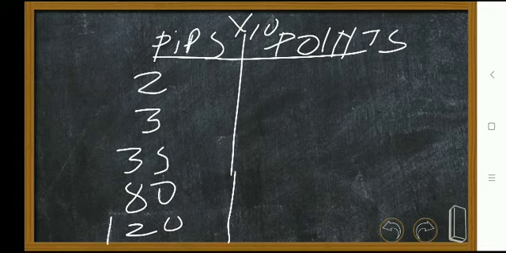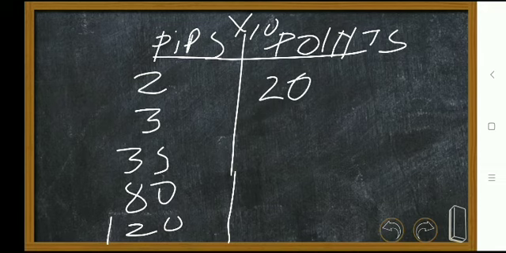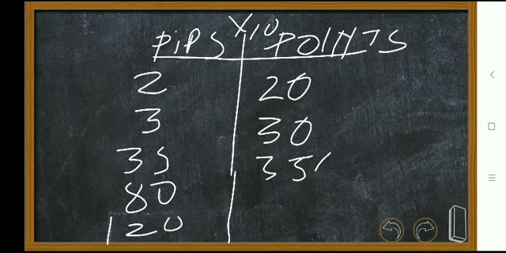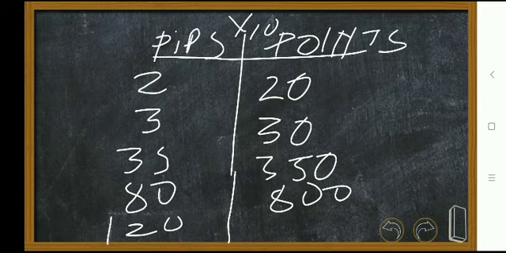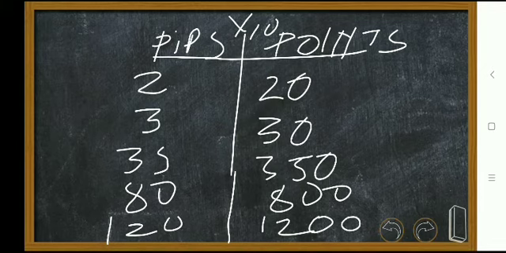All you do is multiply by 10 to get the point. So 2 pips will be 20 points. 3 pips will be 30 points. 35 pips will be 350 points. 80 pips will be 800 points. 120 pips will be 1,200 points. So the person who says add 2 pips is the same who's saying add 20 points.